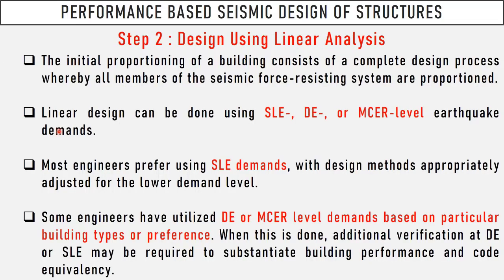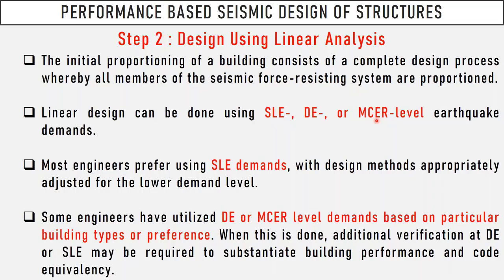The second step of the design, you make a kind of linear analysis. What you do is just initial proportioning, which means that you make the analysis, you determine the orientation and the dimension of your proposed structural system. Depending on your approach, you may do it in a service level earthquake, design level earthquake, even in risk targeted maximum critical earthquake.